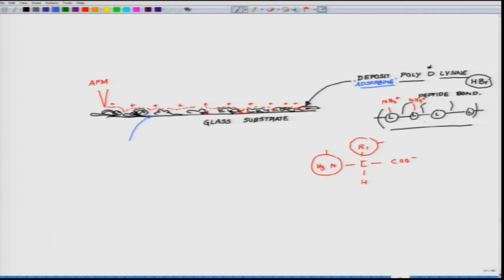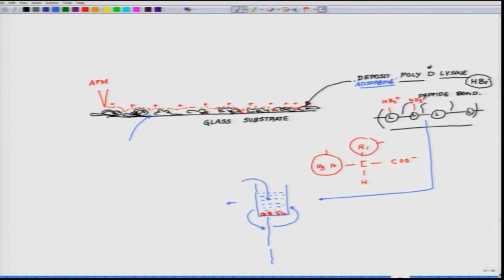So, what you do is, you take poly-D-lysine in a vial, mix deionized water into it, and dissolve it thoroughly, and in that process you get a solution.